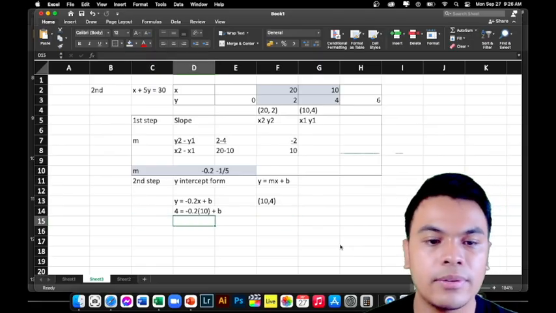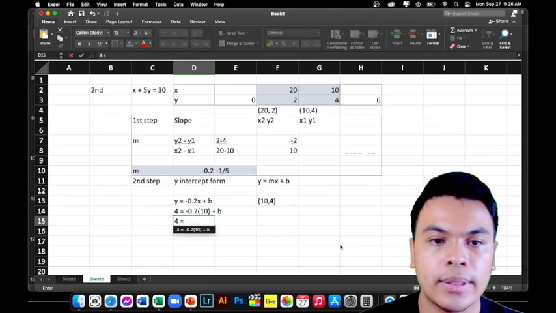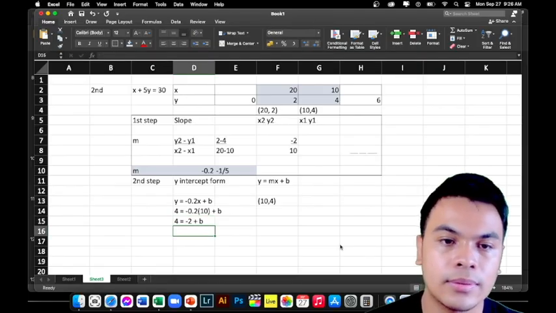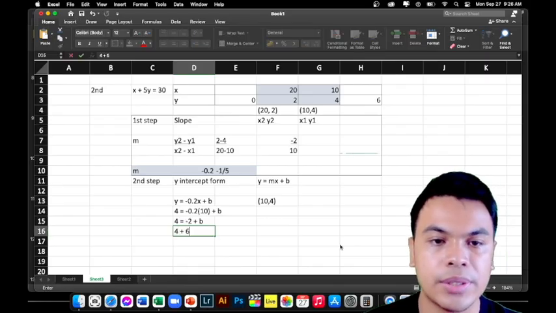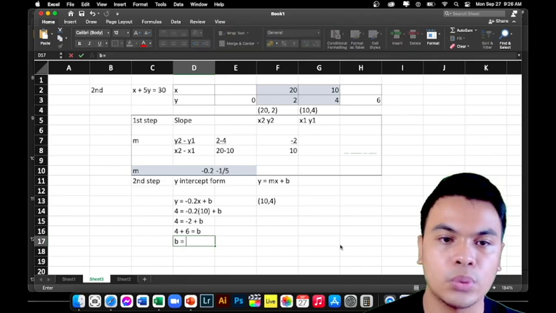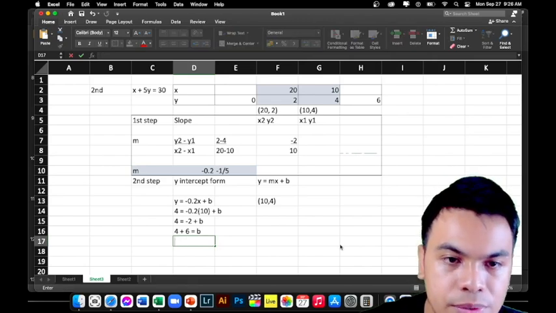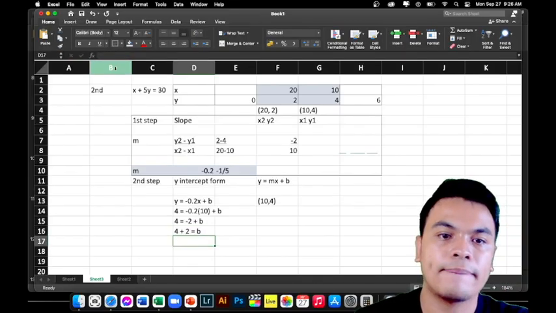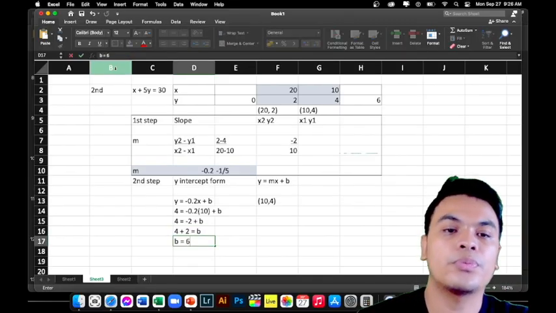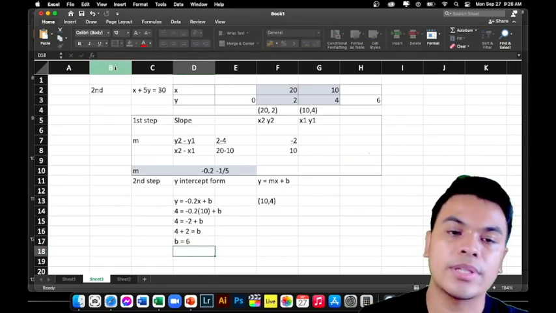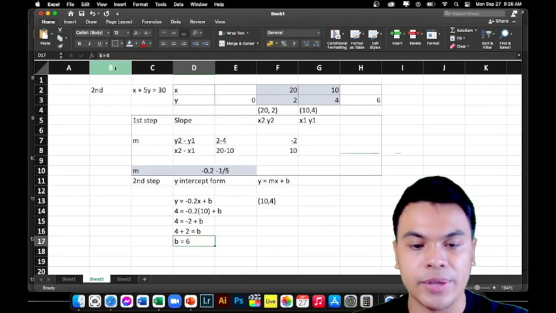So we have 4 is equal to negative 2 plus b. We transpose. This is now 4 plus 2 is equal to b, so b is equal to 6. This is now our y-intercept.